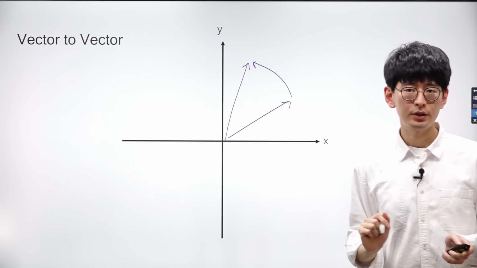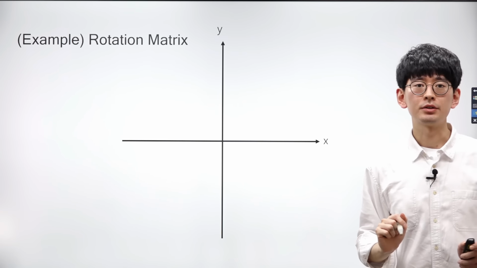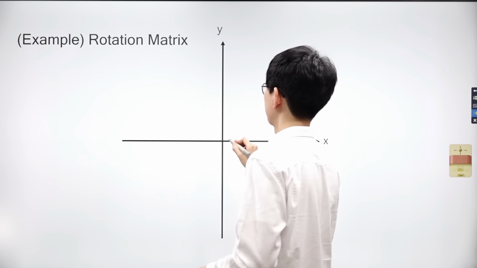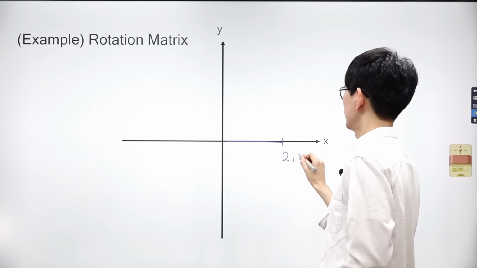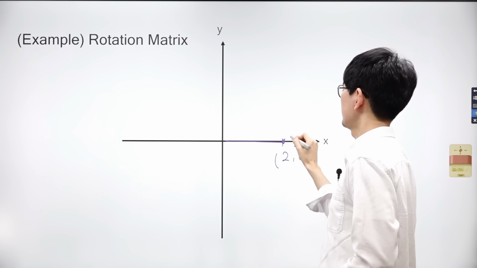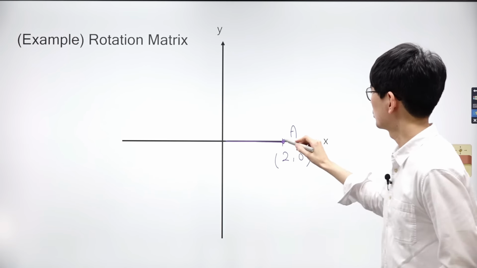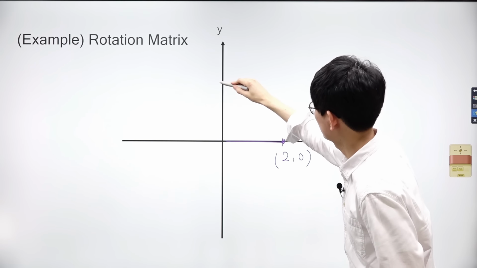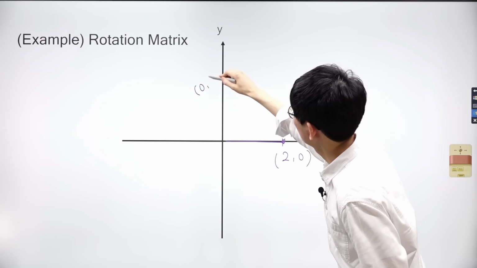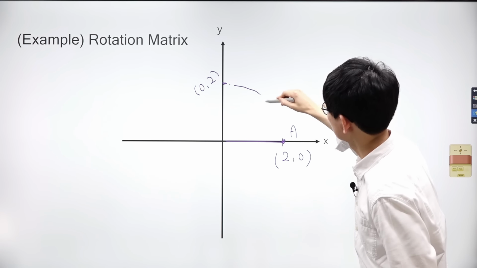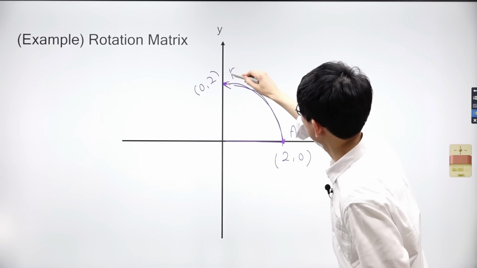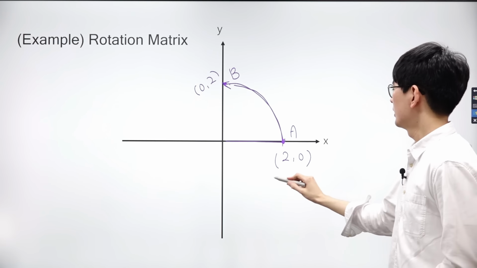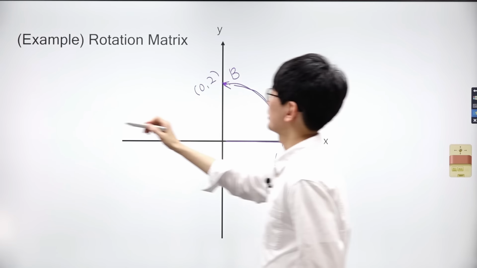For example, let's take a rotation matrix. Suppose we have vector A positioned at coordinates 2, 0. If we rotate vector A 90 degrees counterclockwise, we obtain a new vector at coordinates 0, 2, which we'll denote as vector B. Let's consider this rotation of a vector as a form of matrix vector multiplication.